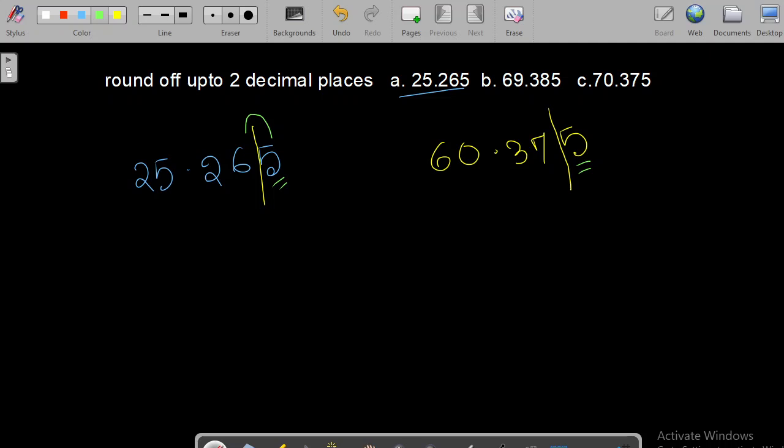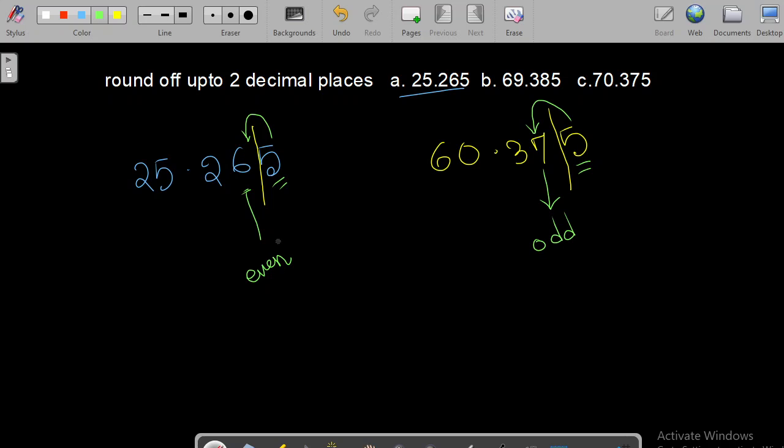Then we see the preceding number. We don't do anything with the preceding number now. We just observe the preceding number. Here the preceding number is 6, which is an even number. But in the second example, we see the preceding number is 7, which is an odd number.